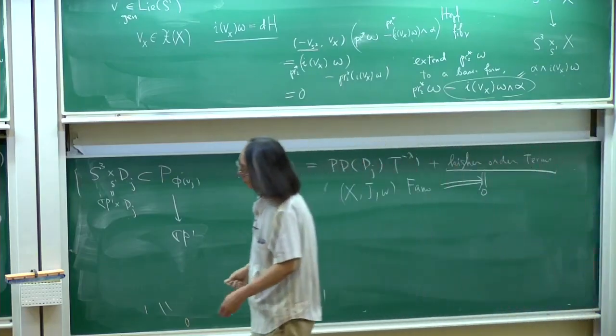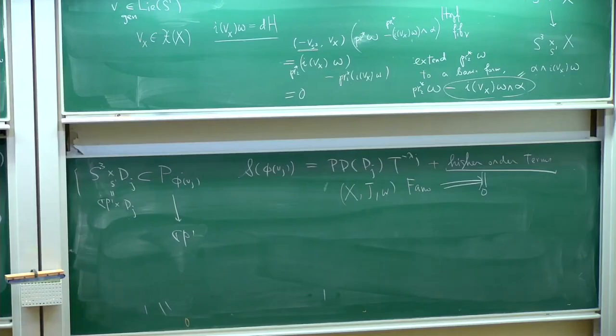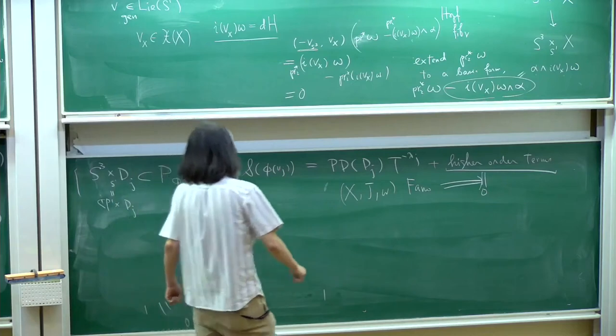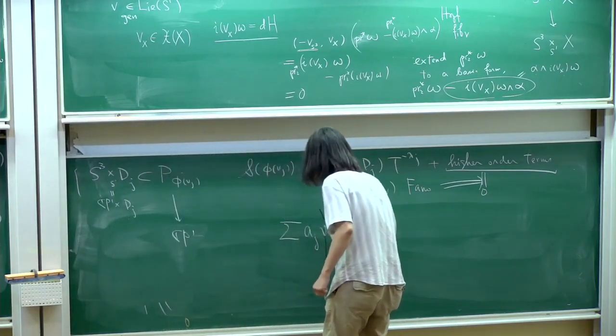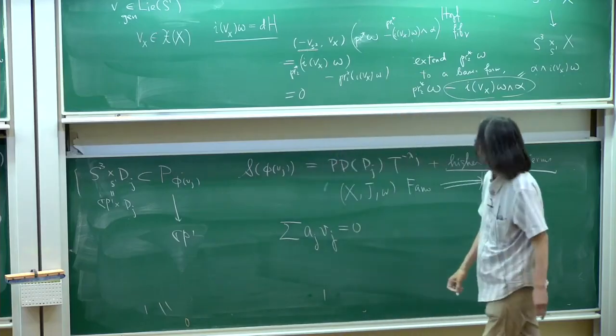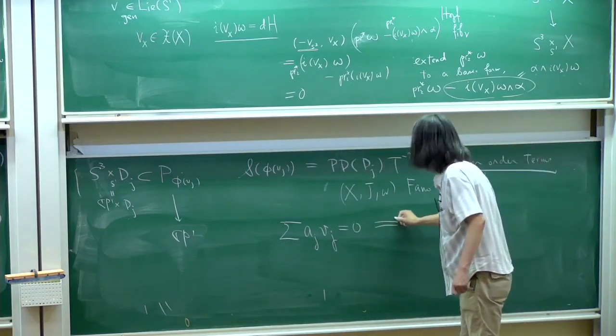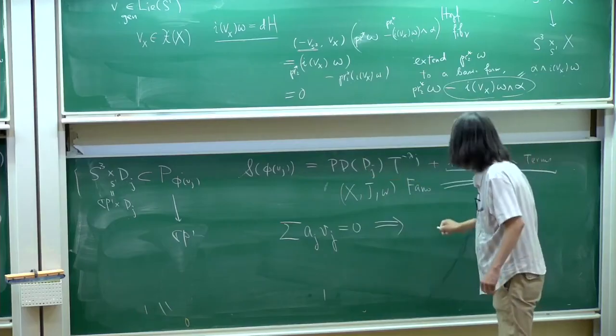And then here we have a relation, right? So here, if you have a relation like sigma of aj, bj is equal to 0, then this must give you the same constraint, right?